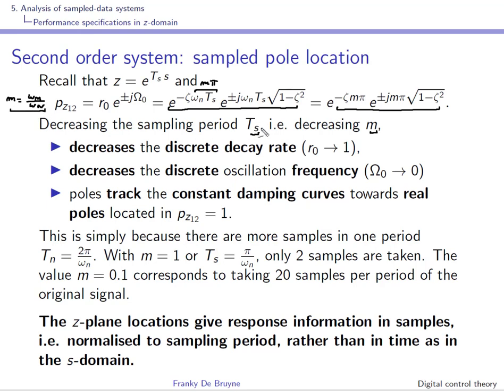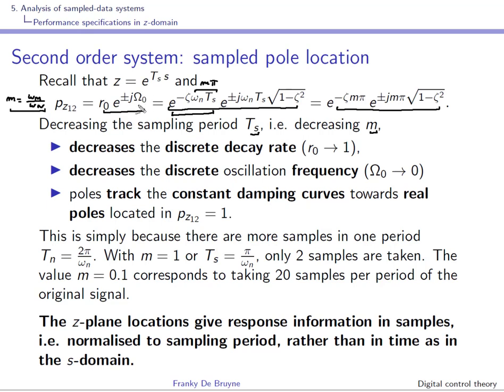So you can rewrite these poles here in polar form, and you can see that when ts is tending to 0, r0 here, the radius, or the distance to the origin in this polar form, tends to 1. This can be observed from this expression over here.